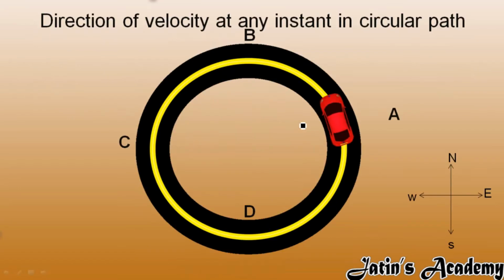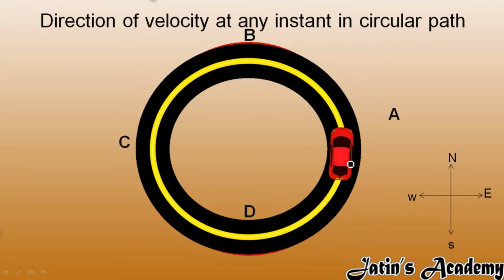Now we have to see the direction of velocity at any instant in a circular path. For example, a car is moving in a circular path in the anti-clockwise direction, and we want to find the velocity at some instants, like at A, B, C and D. So let's see how we will check the direction of velocity.